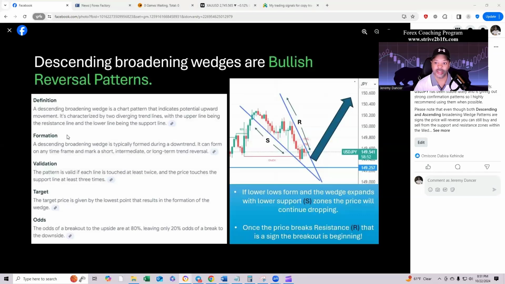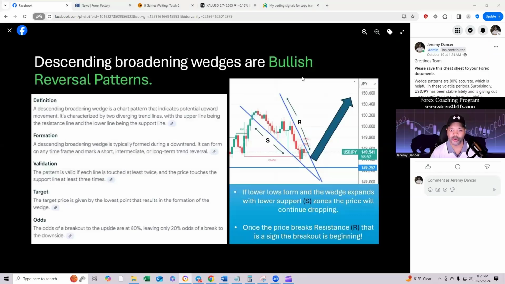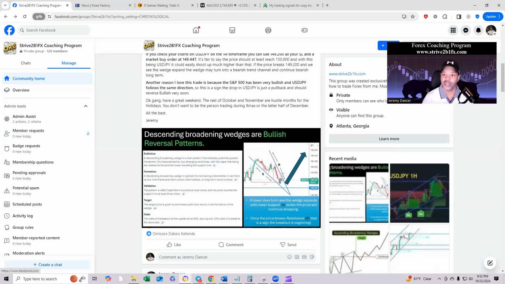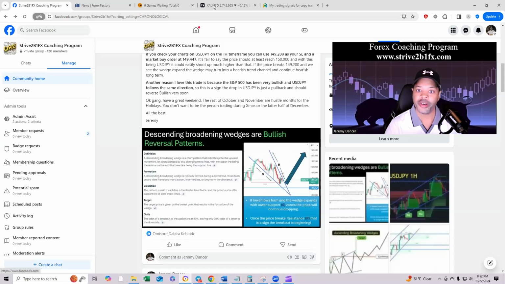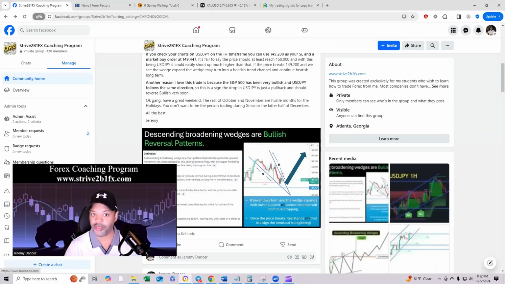As you can see here, I give a visual of what the pattern is with an in-depth explanation, and then I encourage each person to save these cheat sheets for future use, because the odds are you're going to see them again, and over time, you're going to start recognizing them when it comes to everyday trading.